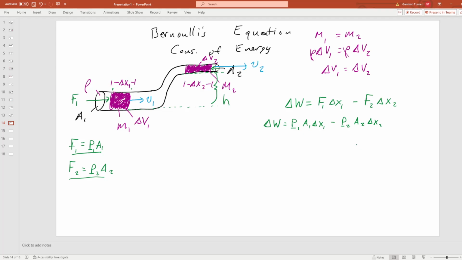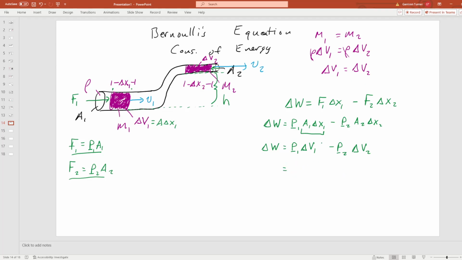And if we look at A times delta X, well, that's just delta V, our cross-sectional area times our displacement. So this becomes P1 delta V1 minus P2 delta V2, and then we can factor out our delta V's.